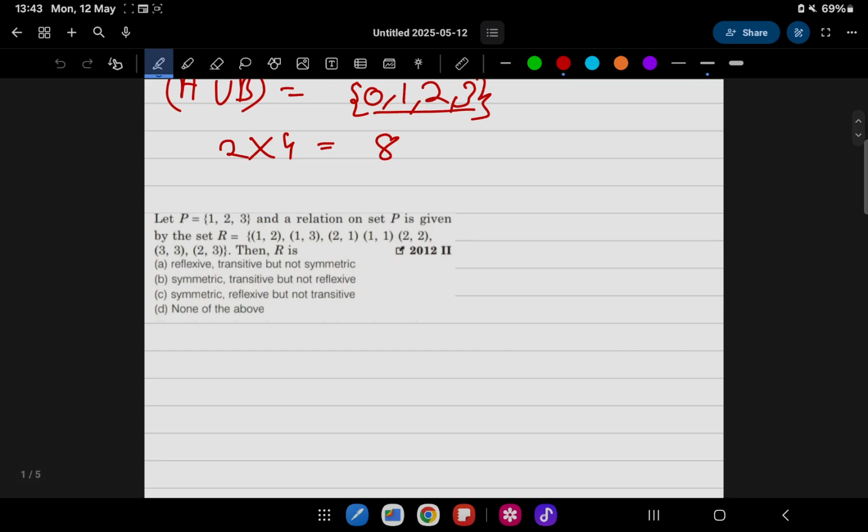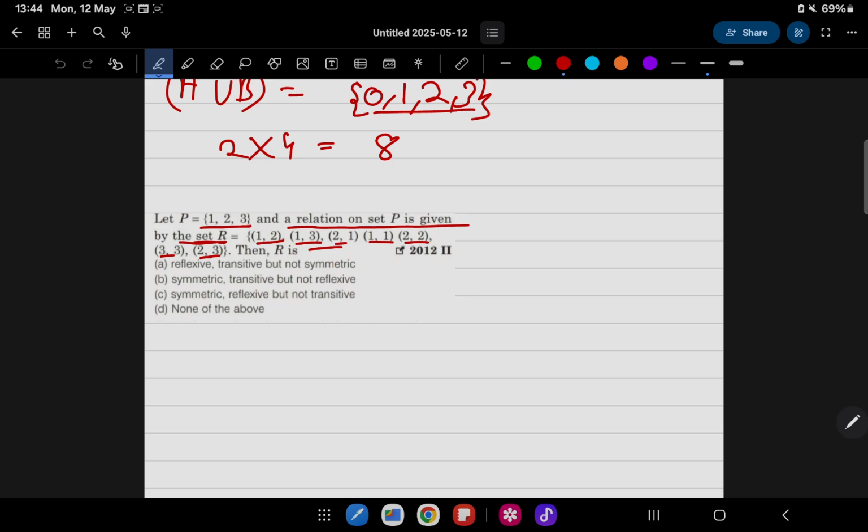So our next question is, P is a given set in question, set of 1 to 3 and a relation on set P is given by, मतलब all set के और जो रिलेशन है वो है 1, 2, 1, 3, 2, 1, 1, 1, 2, 2, 3, 3 and 2, 3. तो now first we check that is the relation reflexive.